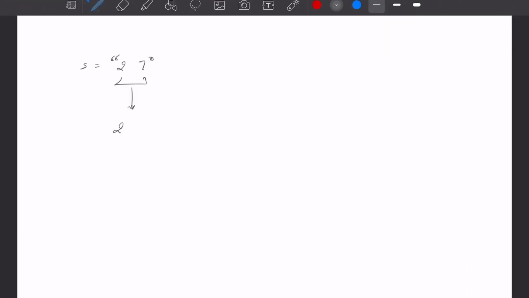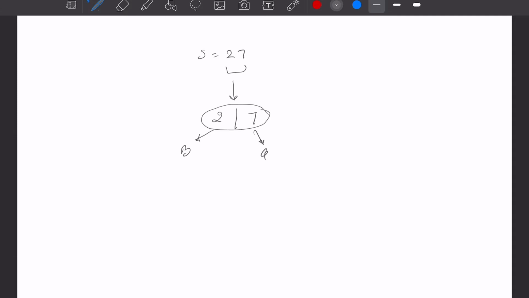So first let us see the same problem which we were discussing, which was if s is equal to 27. Now we can decode 27 in only one way, which is by considering 2 and 7 as individual units, right? So it will be B, G. If we combine 2 and 7, which means 27, then 27 does not have a mapping, because remember we have a mapping only from 1 to 26, right?